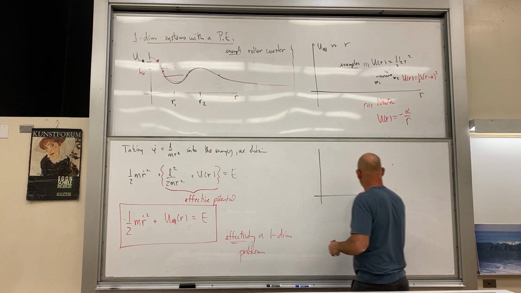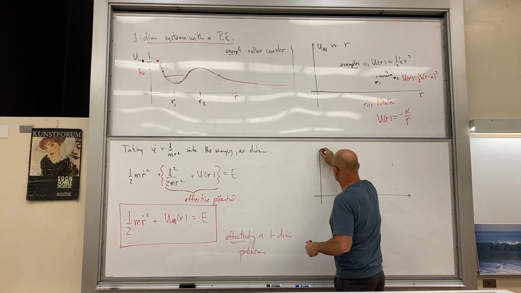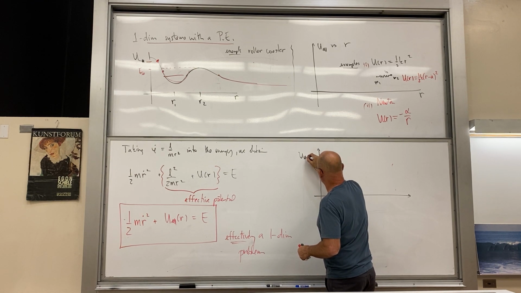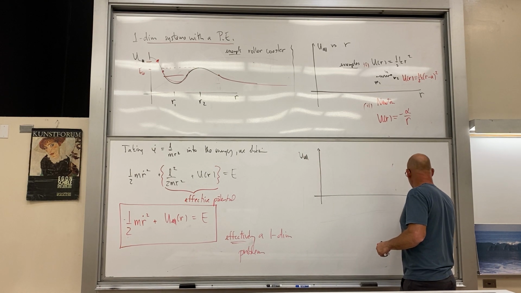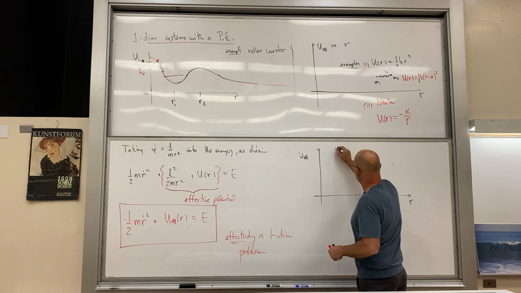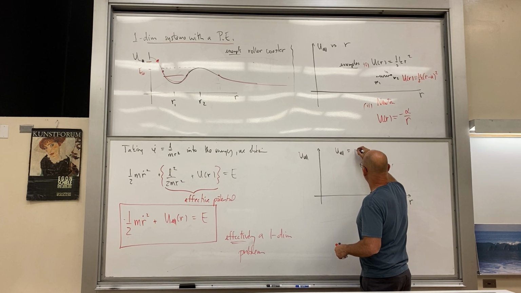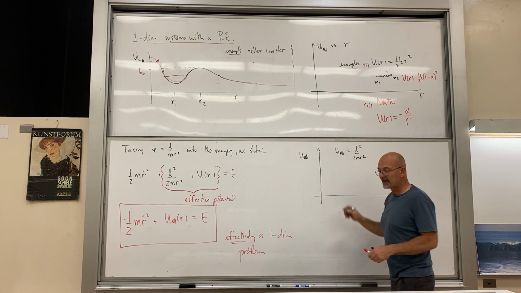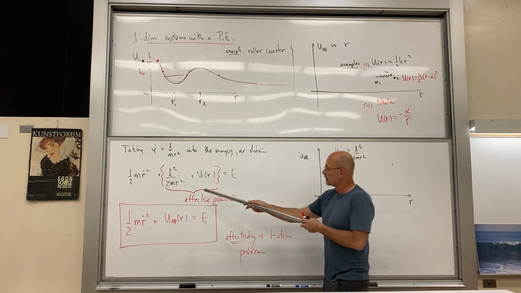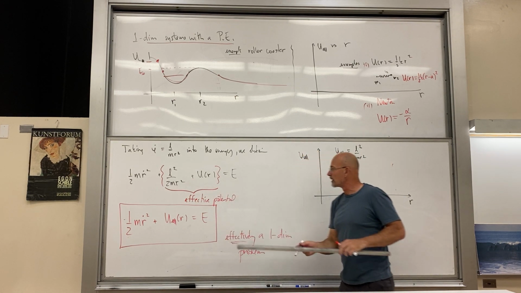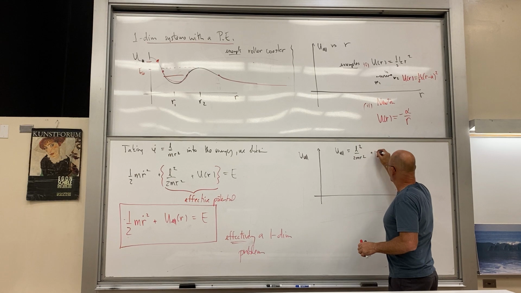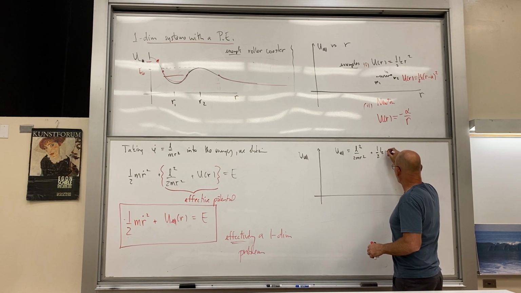So what we're looking at in the first case is U effective equals L squared over 2mr squared. Remember, that's always what is brought into play. Okay? L squared over 2mr squared plus 1/2 kr squared.